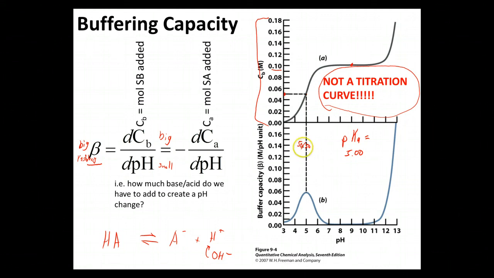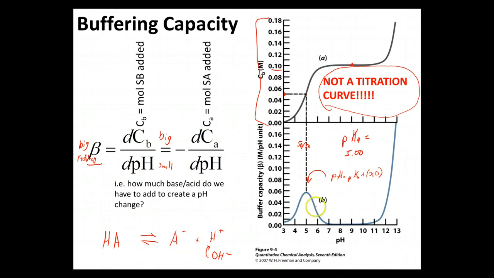We plug that value very close to 1 into the log in our Henderson-Hasselbalch equation, and the log of something very close to 1 is still going to be very close to 0. So pH equals pKa plus something very close to 0. That's going to be right here.